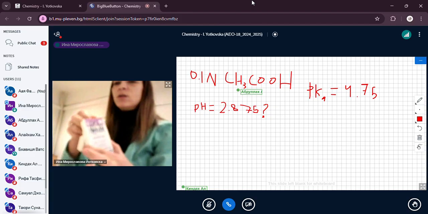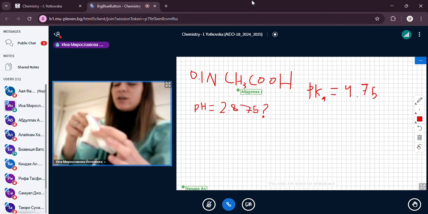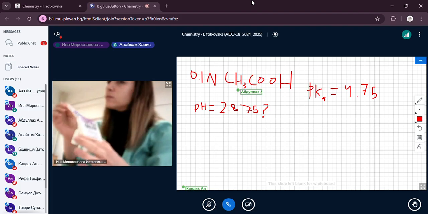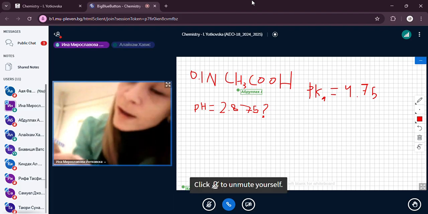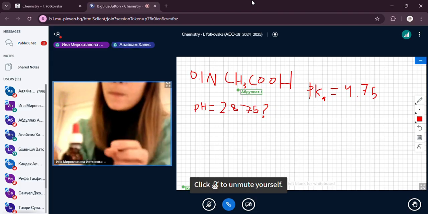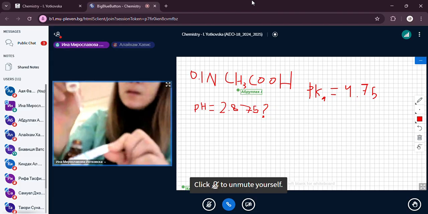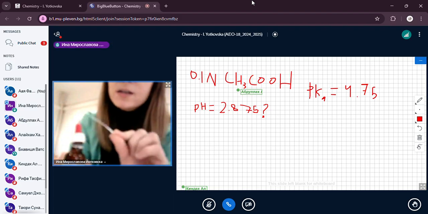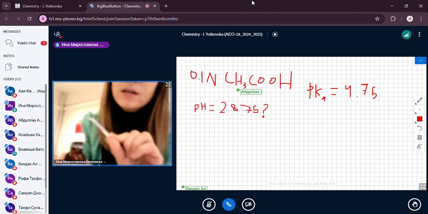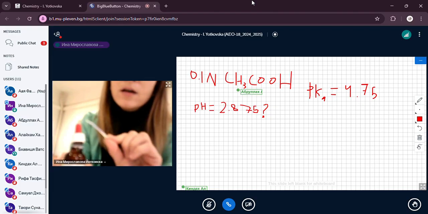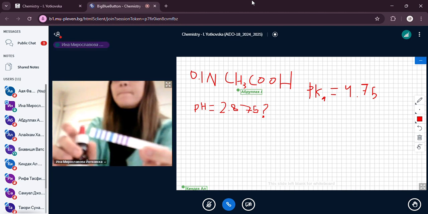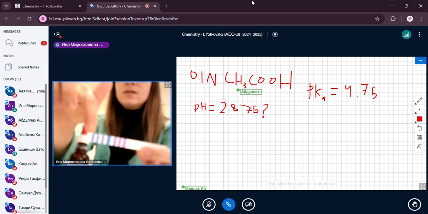It's 0.1 normality. According to the precise litmus indicator, we obtain 11. See, same as the first one.